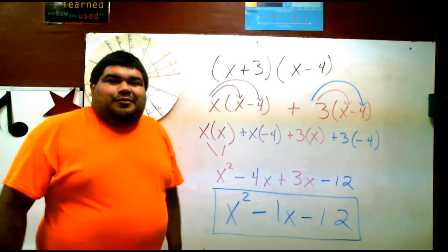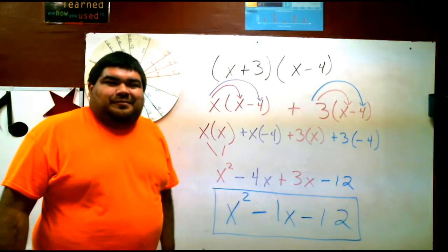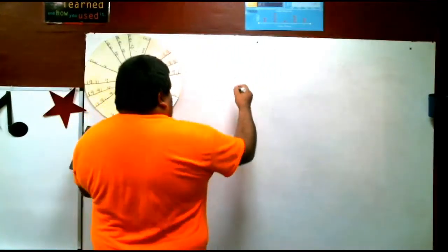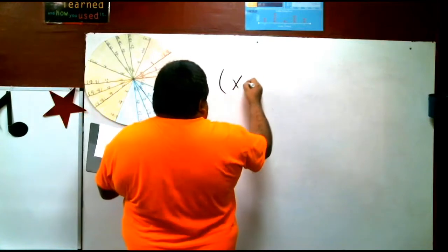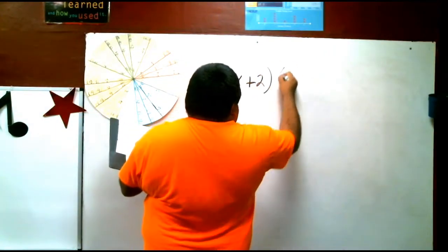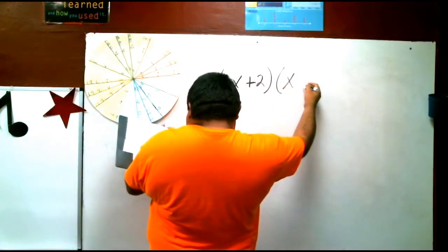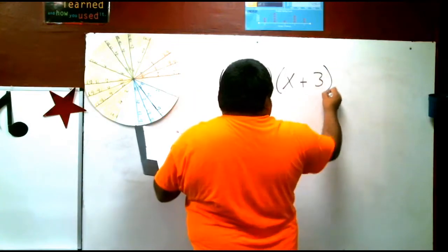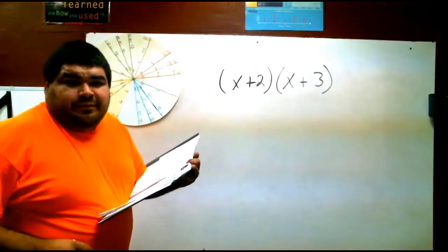So here is your assignment for today. The assignment for today is x plus 2 times x plus 3. That's the first one.